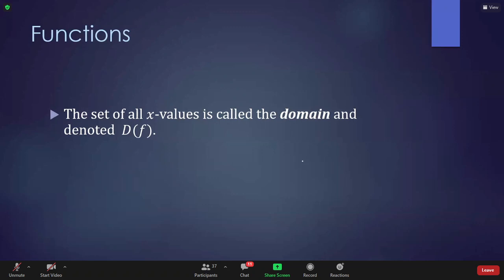It's also possible that for practical purposes, being engineers, being scientists, we need to somehow limit the domain. We don't need all the possible x values. We only need a certain range of x values. We call this range the domain.